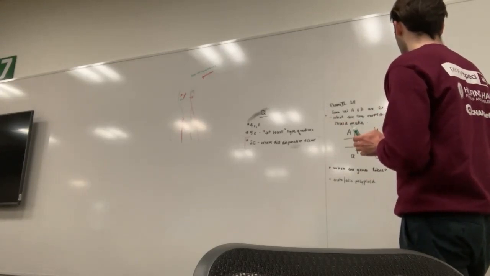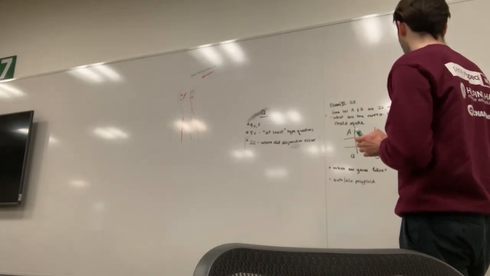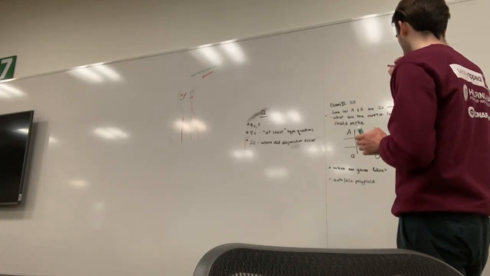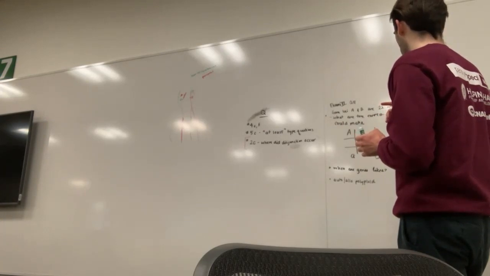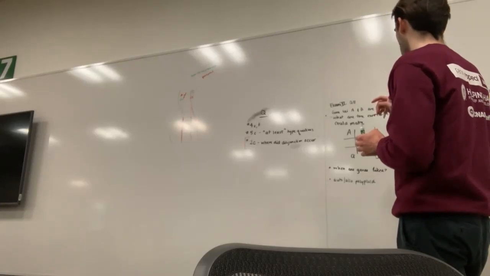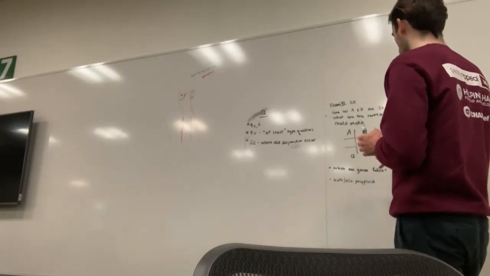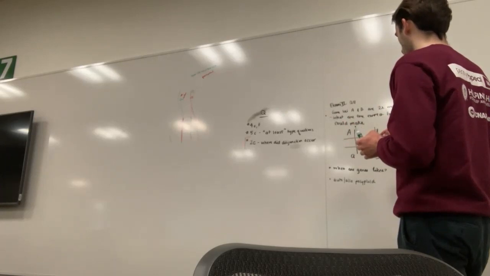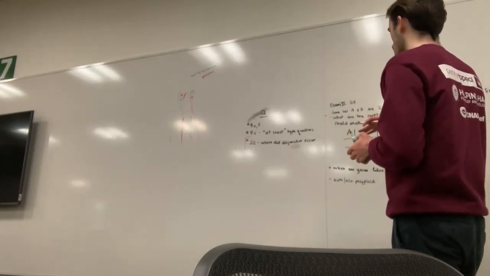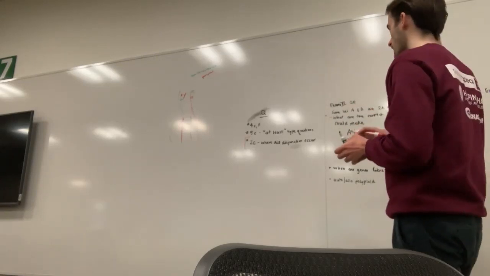Maybe it's asking for the frequency of recombinants, or the proportion of offspring, so all the different frequencies of all the different possible genotypes.